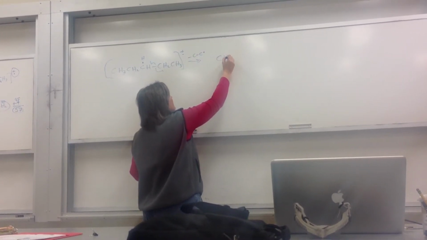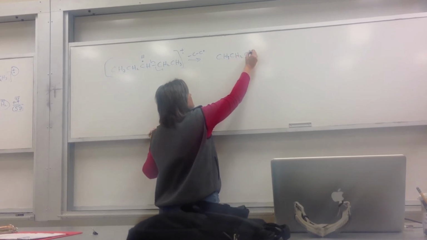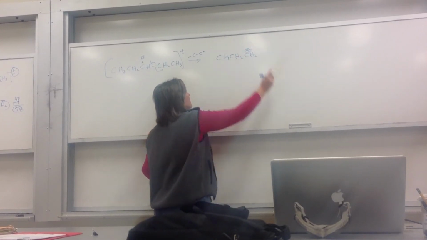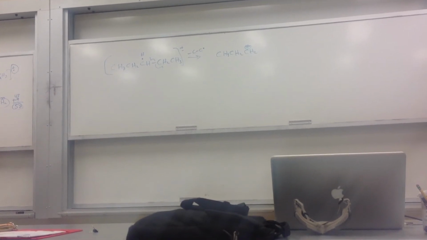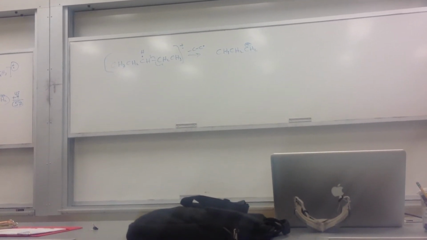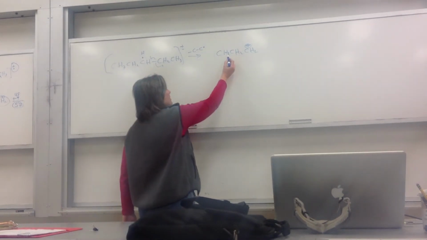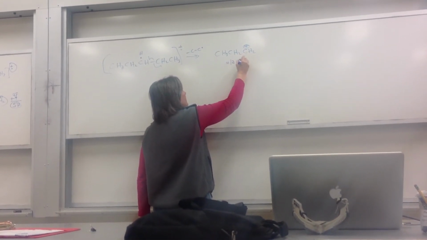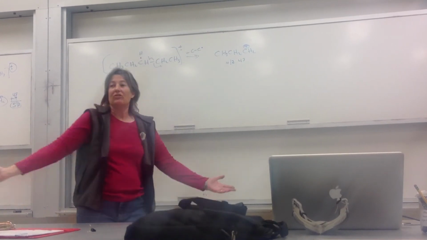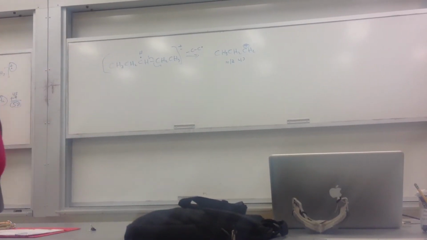That will be this: CH3, CH2, CH2 with a positive charge. The mass of that is 3 carbons. 3 times 12 is 36. 39, 40, 41, 42, 43. And I'm getting those numbers just by counting up the mass of that chunk.